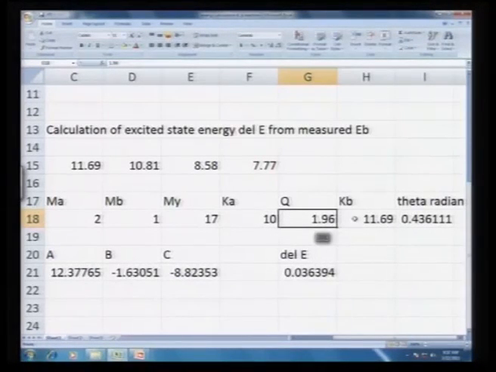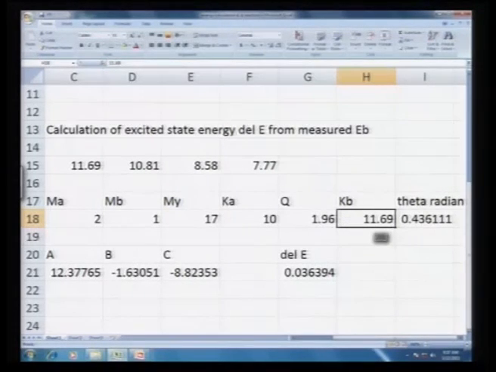Now, this B kinetic energy of B particle. So, some value you have to take. I am taking some value 11.69, close to what a particular experiment has measured, and then theta. This theta that I am using here, it is written here 0.436111, as you can see. This is in radian, it corresponds to 25 degrees. So, what situation have I taken?